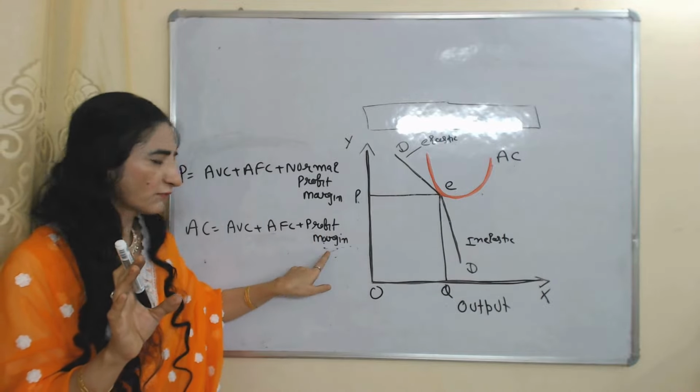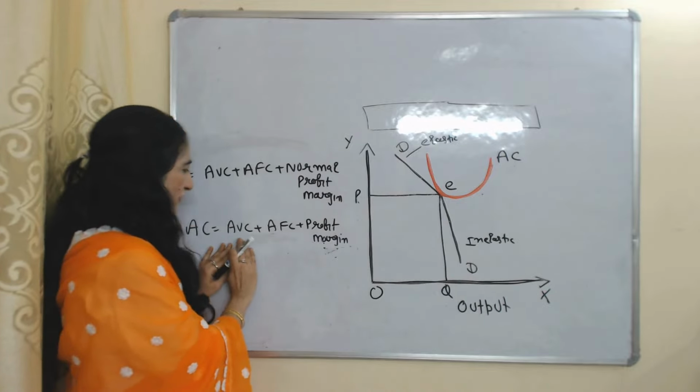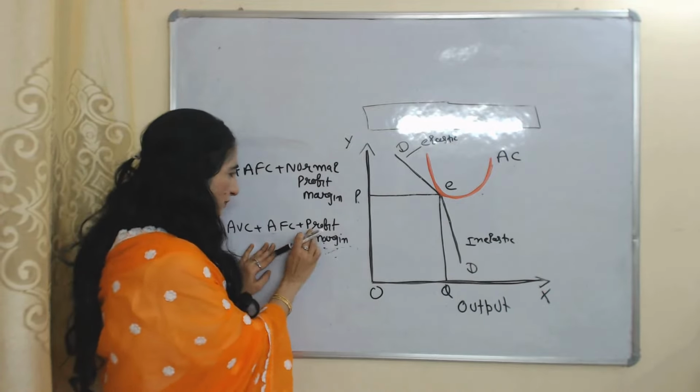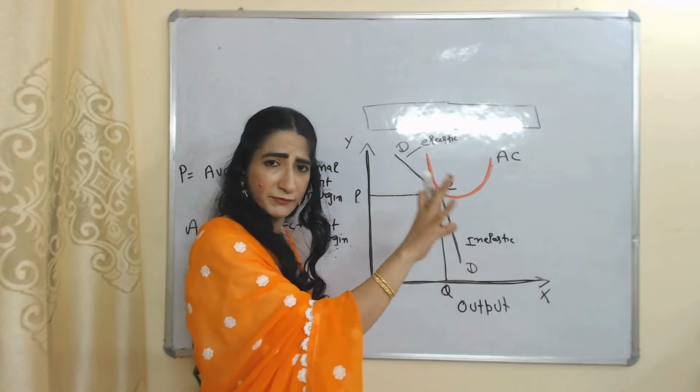We don't include profit margin. But in this theory, we assume our average cost is equal to average variable cost, average fixed cost plus some profit margin. Please listen carefully. This red curve represents average cost, which includes average variable cost, average fixed cost plus some profit margin.